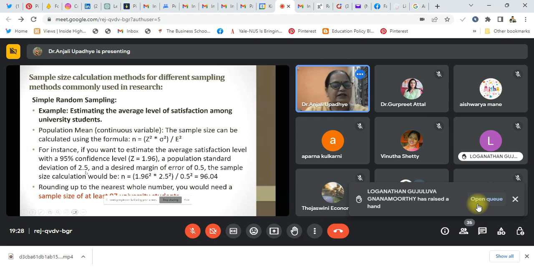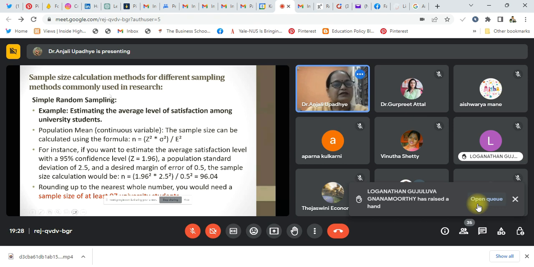By the previous records, I got the standard satisfaction level, it is 2.5. Therefore, I decide my margin of error as 0.5. The sample size calculation may give 96 students. So rounding up this value, the sample size should be 97 university students.